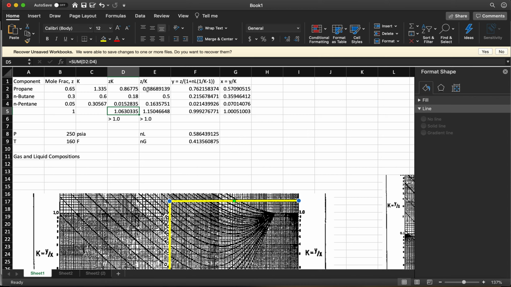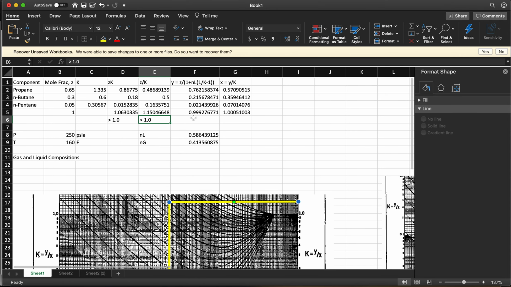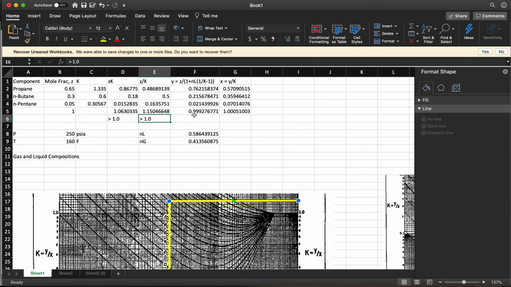Same story with Z divided by K: you do those values and create a summation of those. That should be greater than 1 for you to have a mixture. If it's less than 1, you don't have a two-phase mixture; you either have liquid or gas. So we did that little checking component and confirmed that we do have a two-phase mixture.